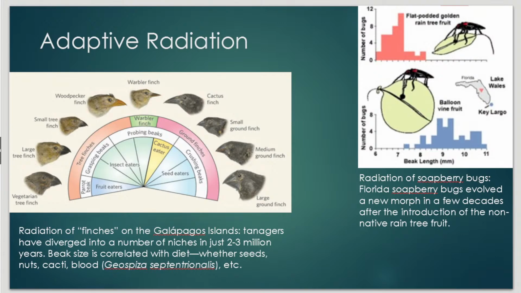These soapberry bugs penetrate down into the plant and suck up some juice, or whatever it is. But when this new plant was introduced, their beak sizes rapidly increased in just a few decades as they started also eating on these balloon vines. So these guys had a whole bunch of morphs all evolving at once. Anything you'd like to add?